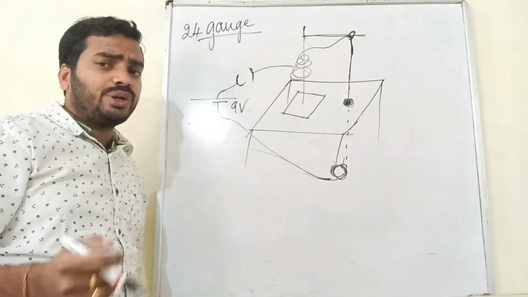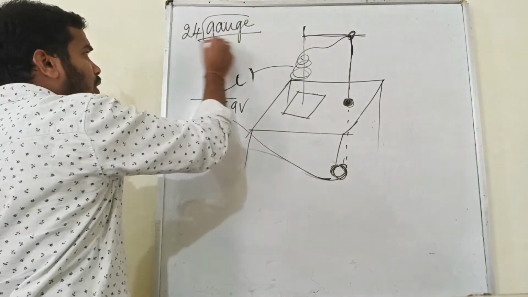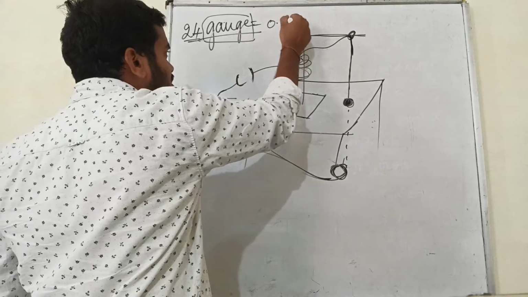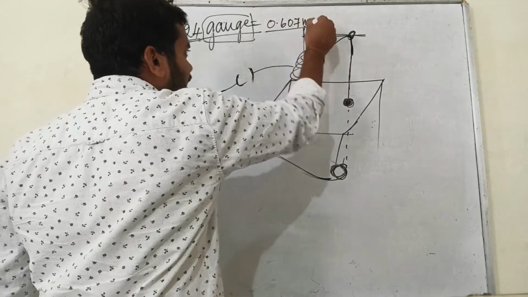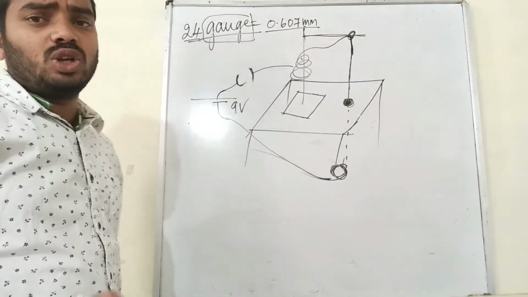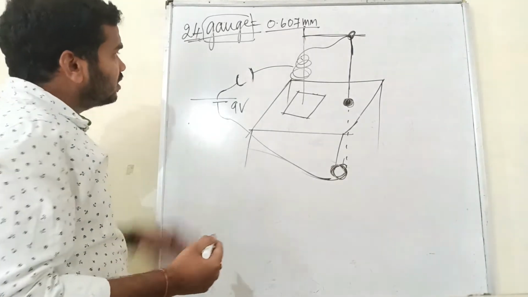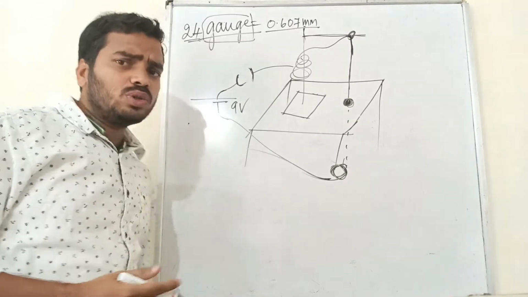24 gauge, you are new to this term called gauge. So what is this 24 gauge? 24 gauge is nothing but 0.607 mm thickness. The wire is of thickness 0.607 mm. So generally, is this the thickness which we use in our household?